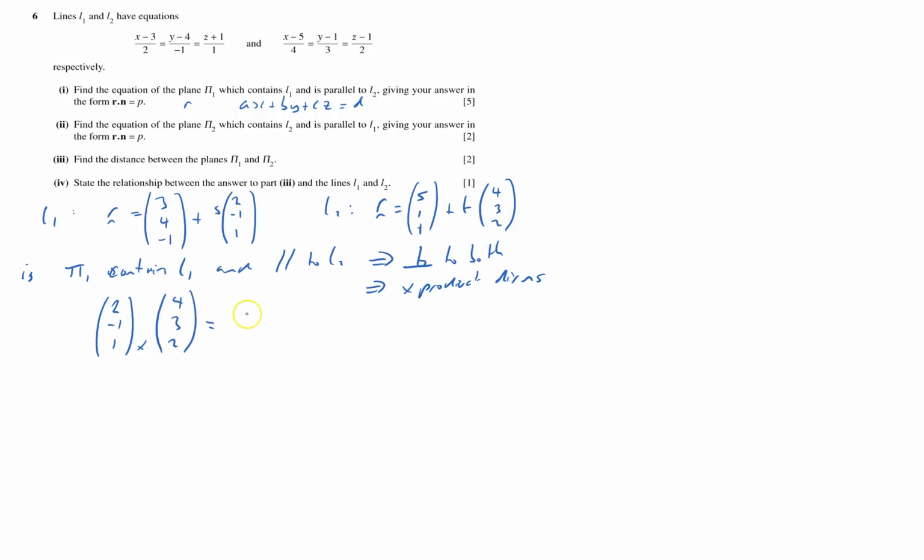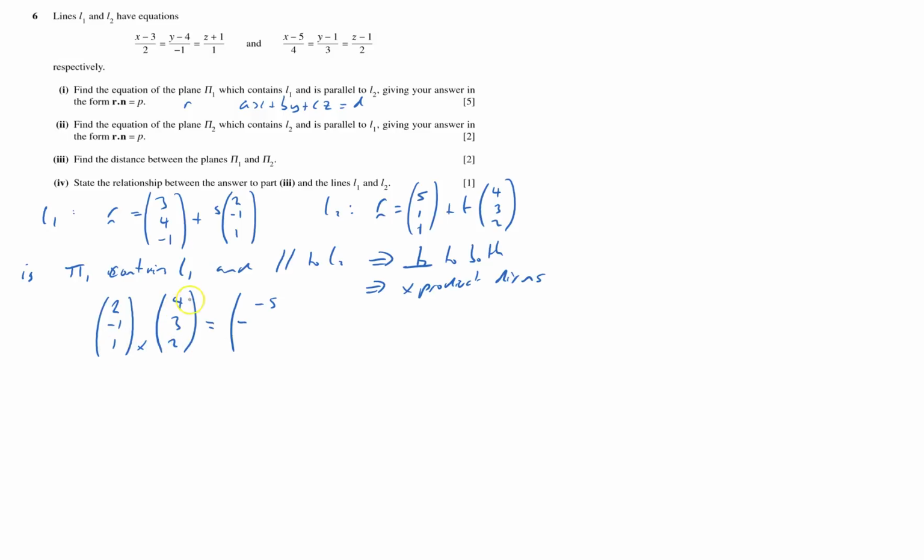Whenever I'm doing cross products, I'm always going to put a negative in the first bit. The first value at the top here is the determinant of not the top. So 2 times -1 is -2, and then take away 3 ones, so that'll be -5. The middle one is the determinant of not the middle one.